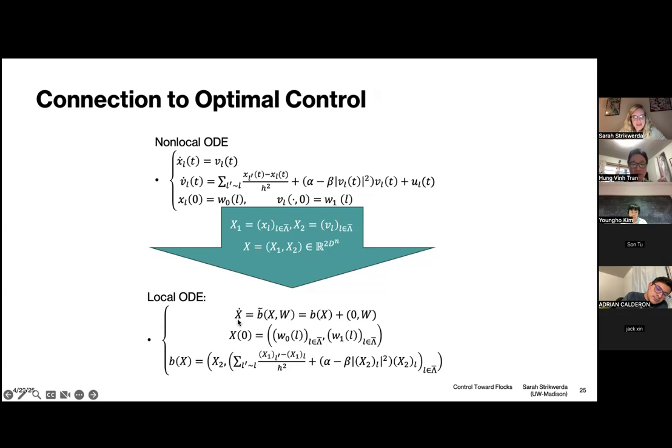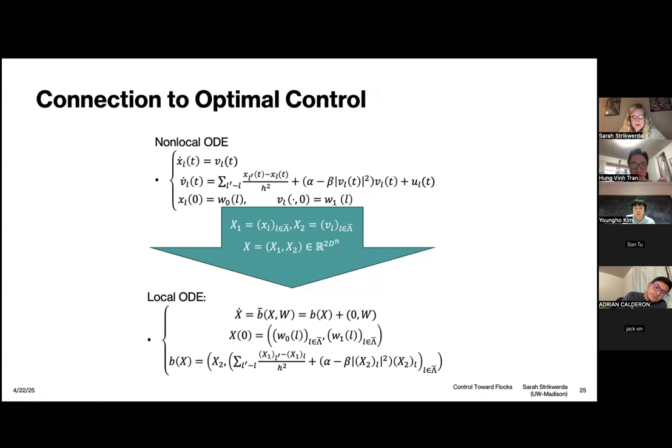And then we could write now this non-local ODE as a local ODE, where now we have this x dot is now going to be equal to b tilde of x, w, where that is just going to be b of x plus 0, w.